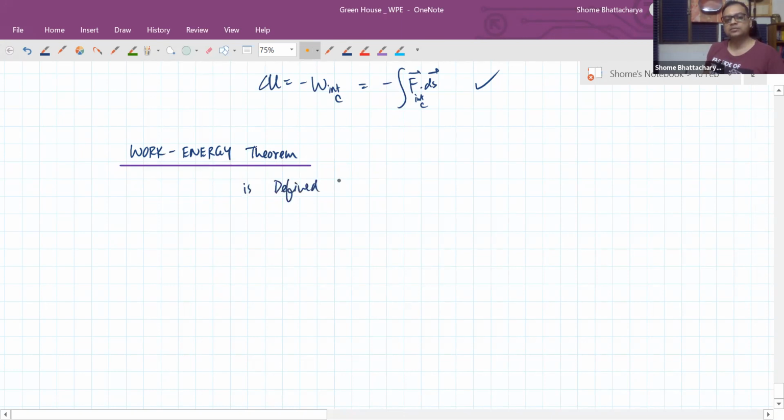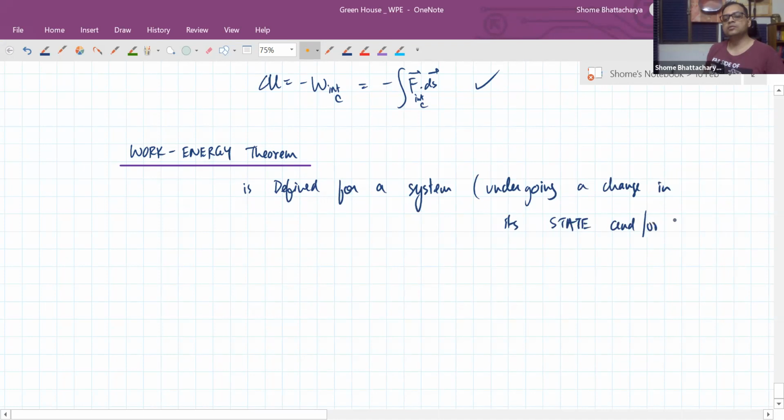Okay, so work energy theorem is defined for a system undergoing in general a change in its state and or its kinetic energy. So it might be that only the state is changing, the kinetic energy is not changing, or it could be only kinetic energy is changing, its state is not changing, or it could be both are changing.